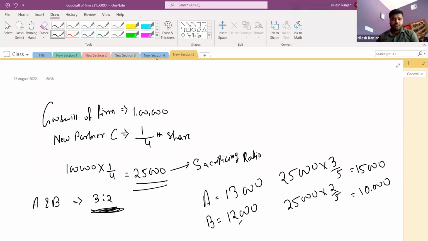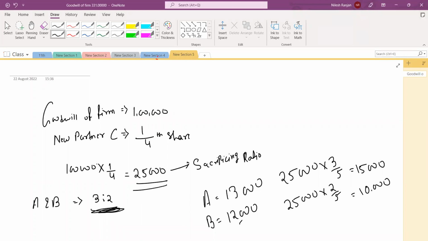For distribution in a ratio, you always have to multiply it with a fraction, and 3 is to 2 will become 3 by 5 and 2 by 5.